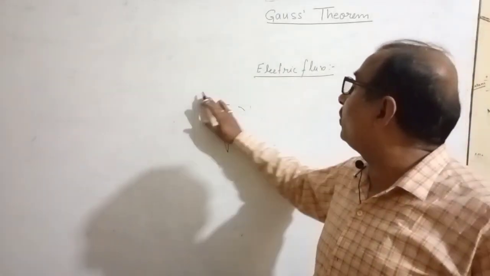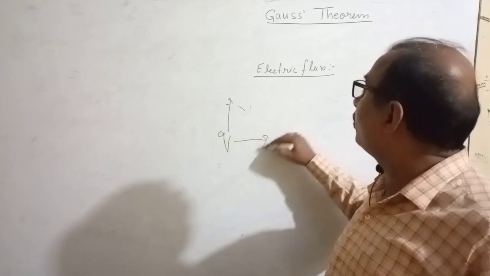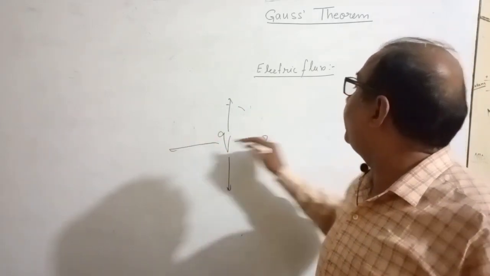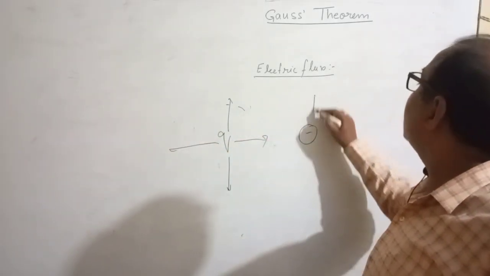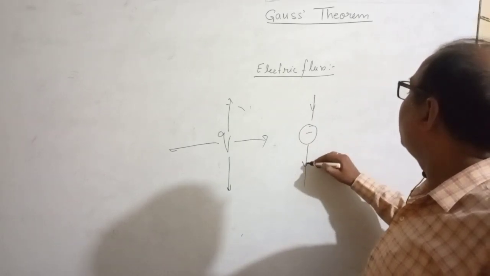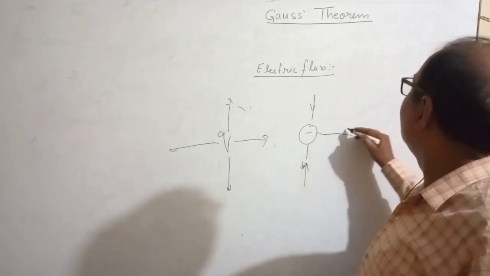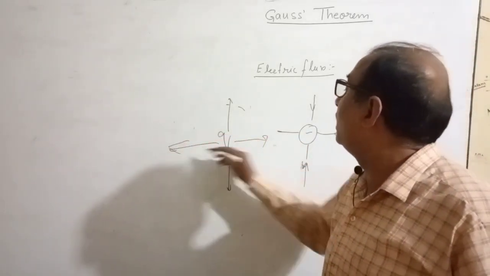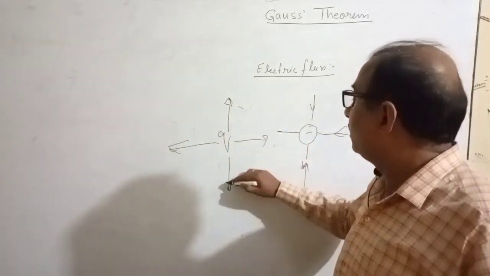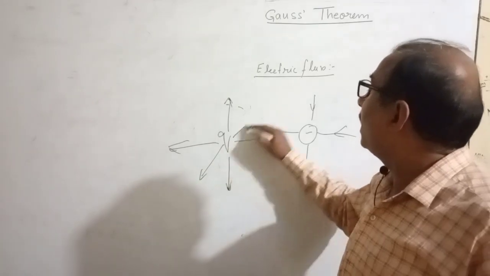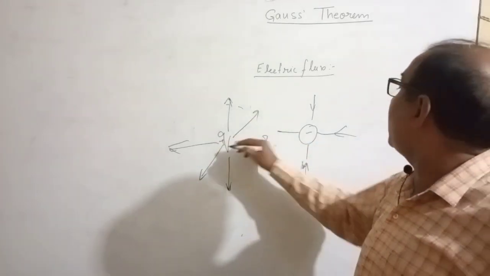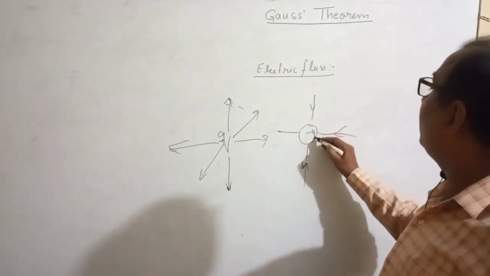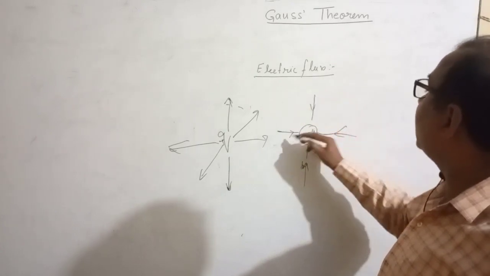Electric lines of force due to positive charge are always outward, and due to negative charge they are always inward, coming toward the charge.